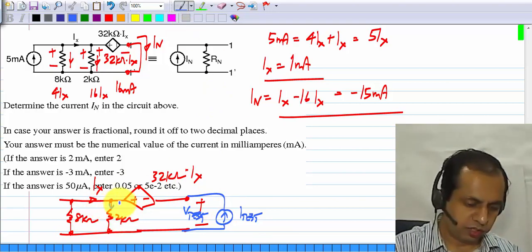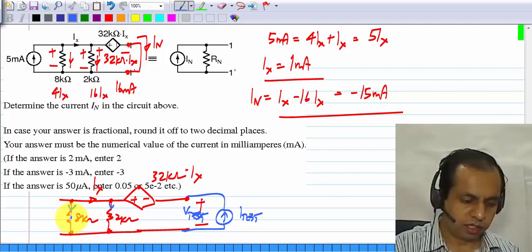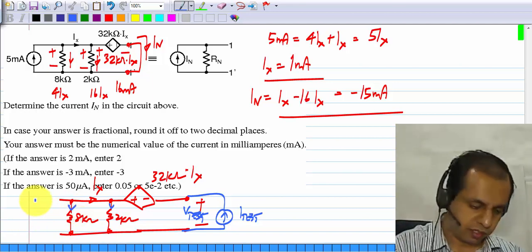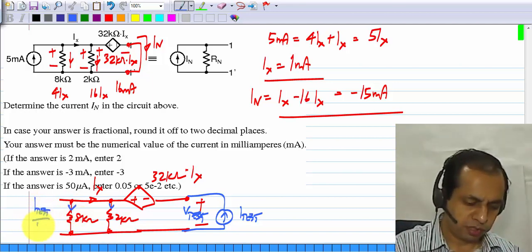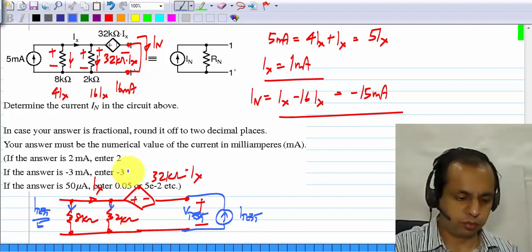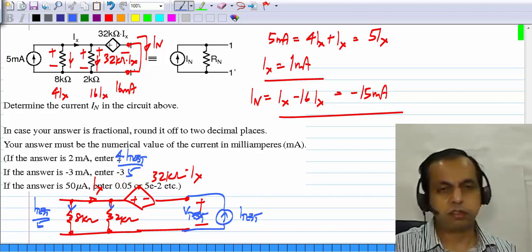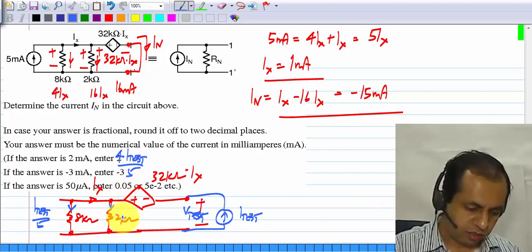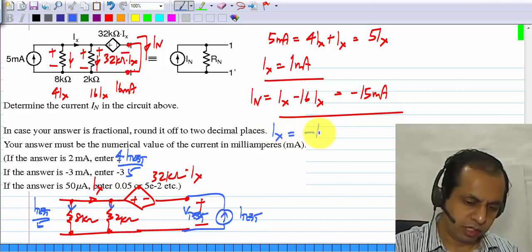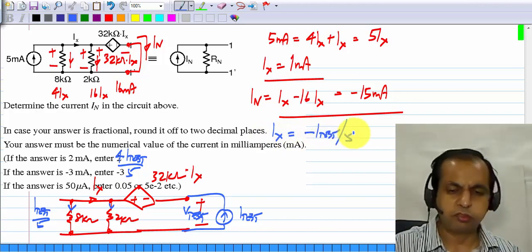So using current divider formula, you know that the current that flows through the 8 kilo ohm resistor is I test by 5. Current that flows through 2 kilo ohm resistor is 4 times I test by 5. Okay, and Ix equals minus I test by 5.